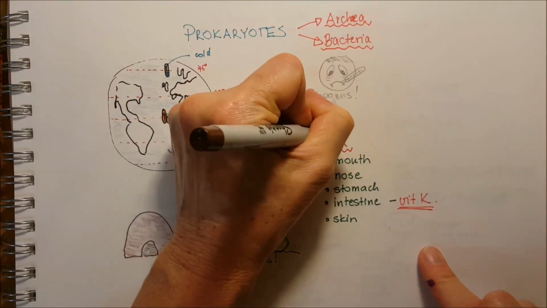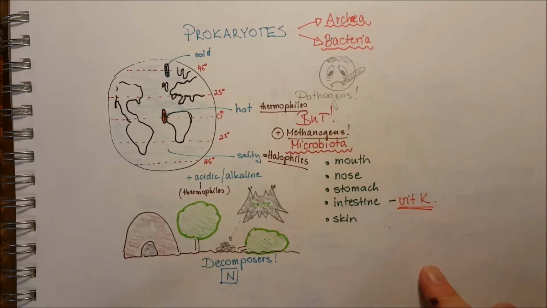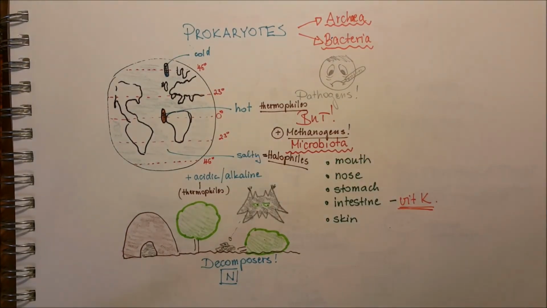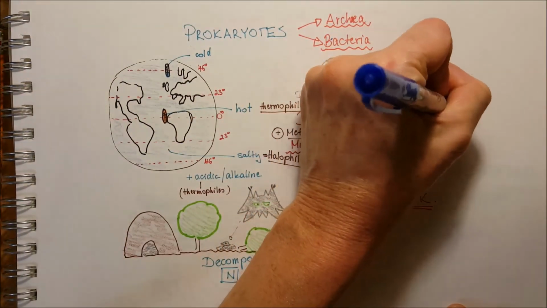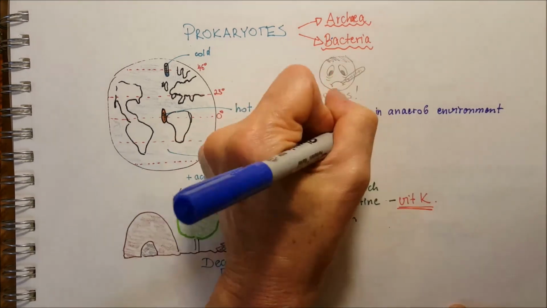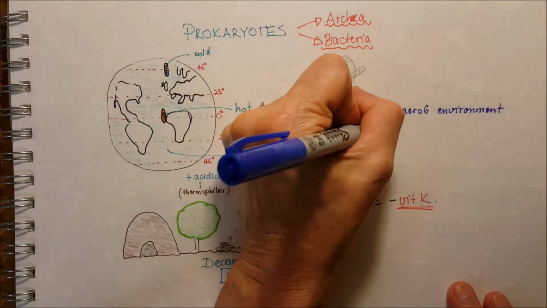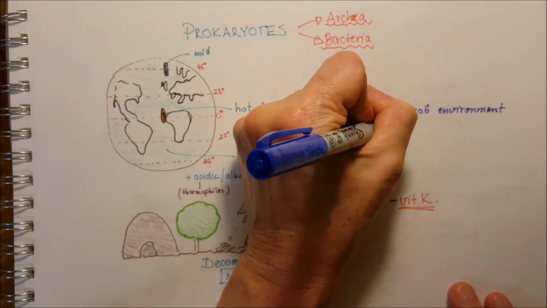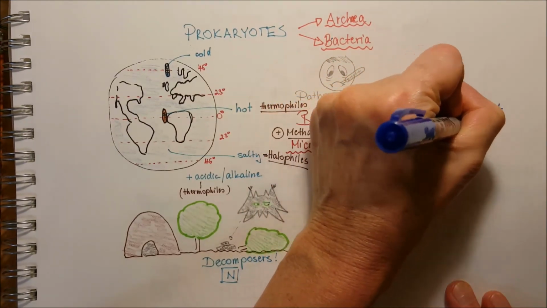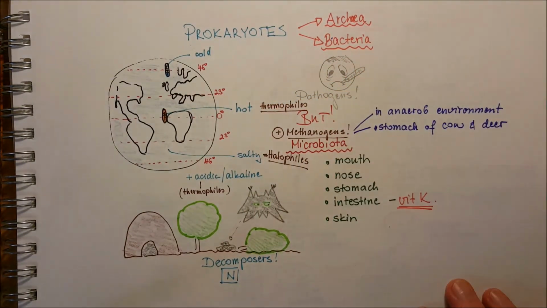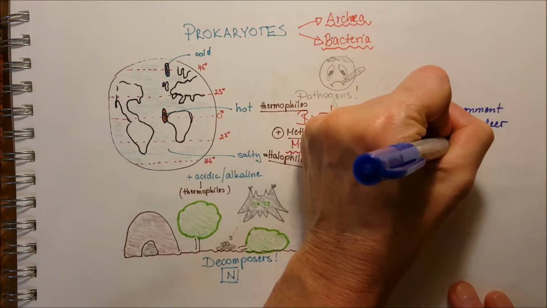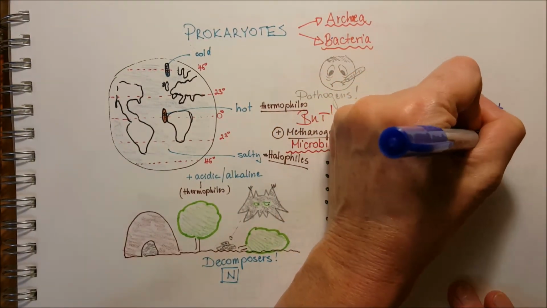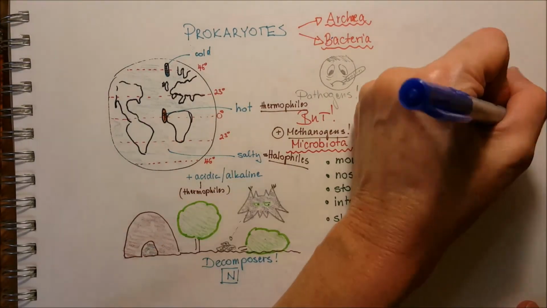methanogens. They live in anaerobic conditions where there's no oxygen, and they give off methane as a waste product by digesting the cellulose in the digestive tract of cattle and deer, as well as decomposing materials in landfills.